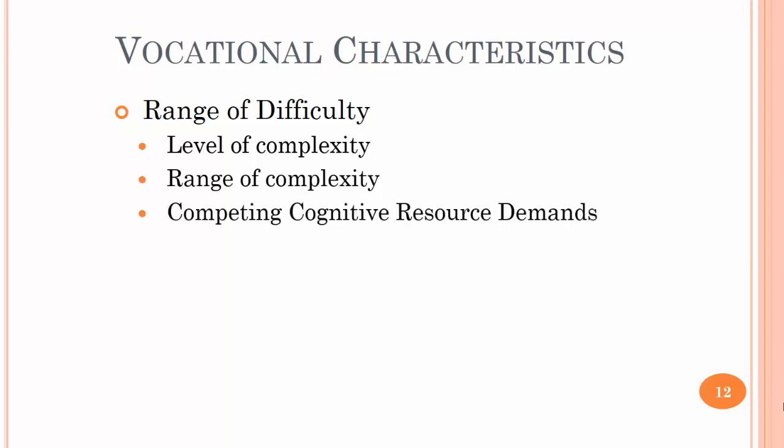Another area has to do with competing cognitive resource demands. This is a huge difference between what we do and what neuropsychologists do as we take a look at vocational characteristics and the person's abilities to meet those job demands. And the range of judgment and creativity necessary to do problem solving in many jobs is really quite astounding.